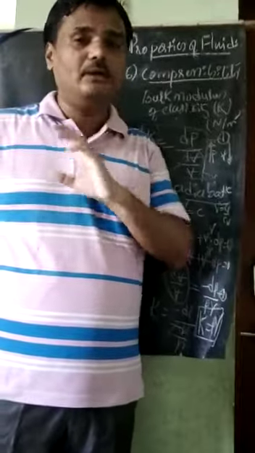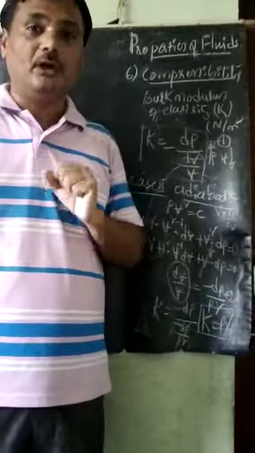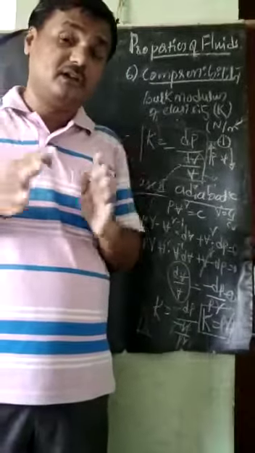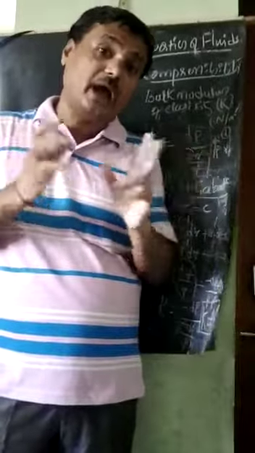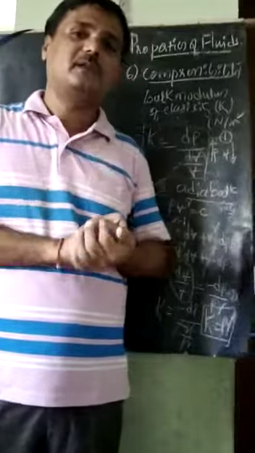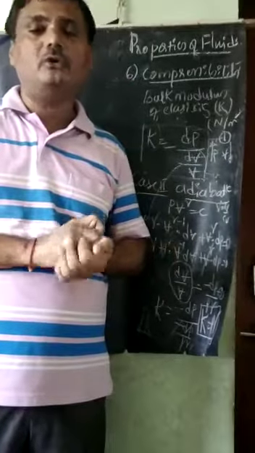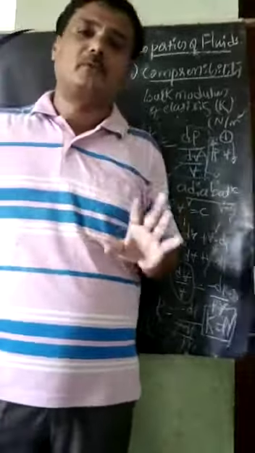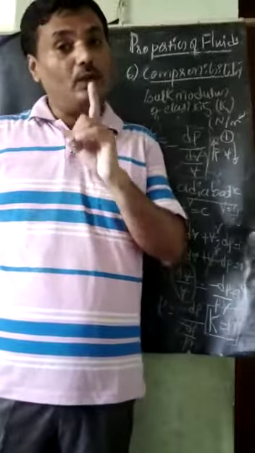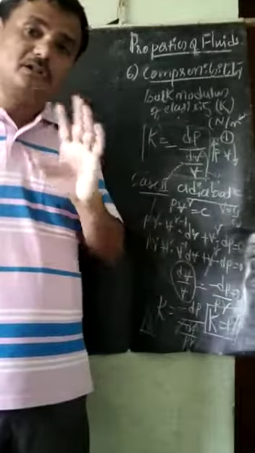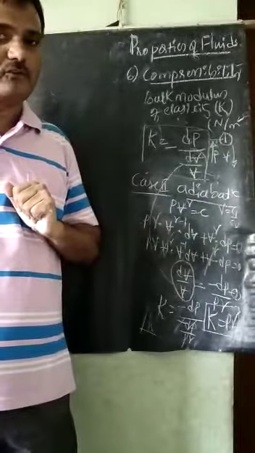Then only we are considering the compressibility, where the change of density is predominant, very high. So that's why compressibility is a property, but we are considering it only at certain conditions, not in all the cases.